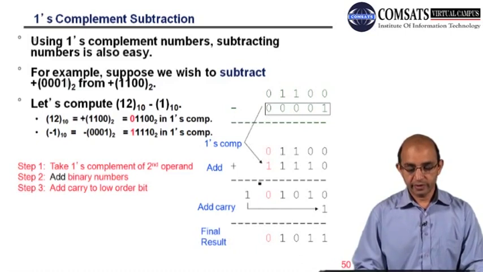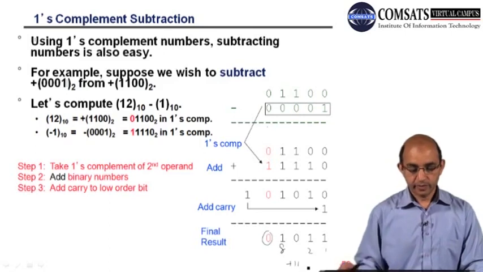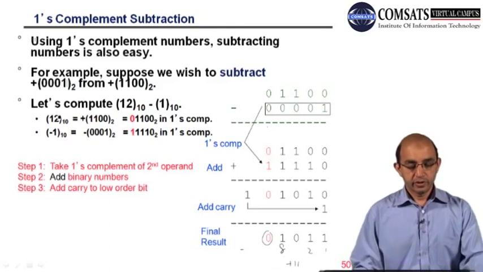After the addition, this is the carry, and the carry will move here, and we have 1 0 1 1. You can see we have 8 plus 2 plus 1, so this is 11, and this is the sign bit, that is plus. If you solve it on the basis of the decimal number system, we get the same 11.